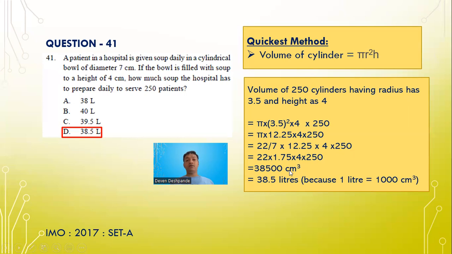And in how much volume does 1 liter of water occupy? It is 1000 cubic centimeters. So if 1 liter occupies 1000 cubic centimeters, how many liters can you fit in 38500? 38500 upon 1000 will be 38.5 liters. 38.5 liters will be the total amount of soup given to all the patients.